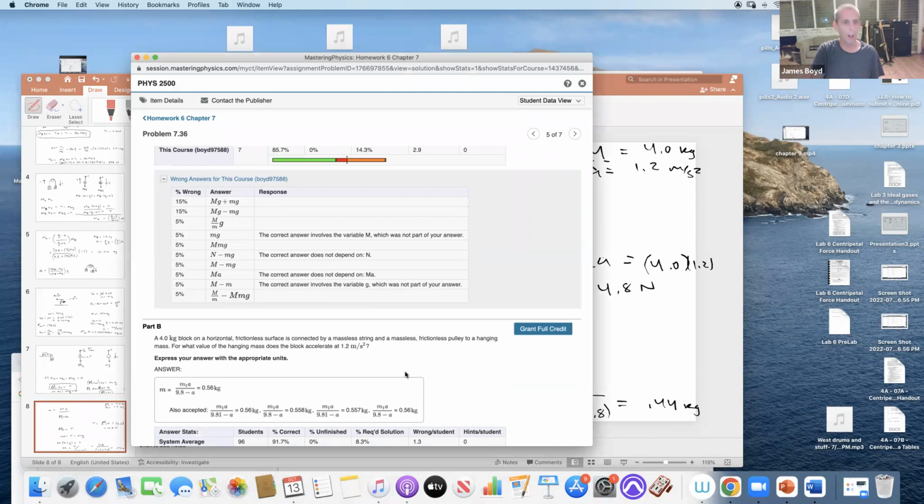No. What did they do here? What did I do wrong here? Did I read it wrong? A 4 kilogram block on a horizontal frictionless surface connected by a massless string to a hanging mass. For what value of the hanging mass does the block accelerate at 1.2? So, oh, okay.